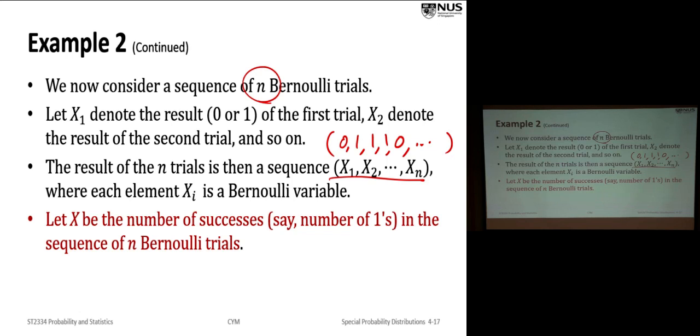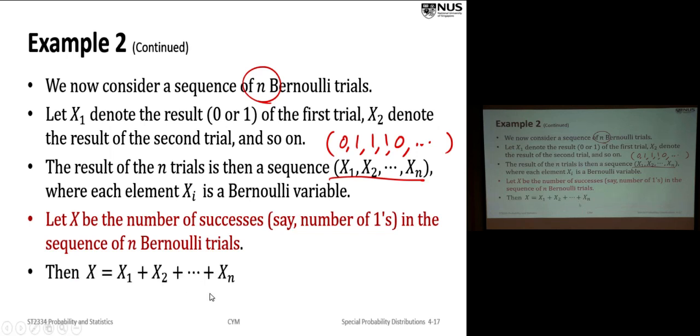I have 5 balls taken one by one with replacement from the box. To be more general, if I have n Bernoulli trials, each trial independent and with equal chance of success, so p is the same, then what is the probability that I get 3 successes out of these 5 trials? That's what I want to find out.